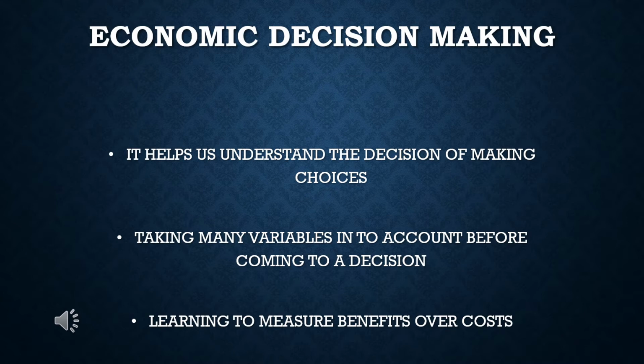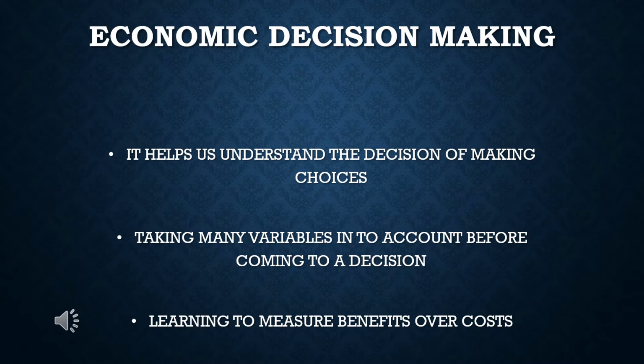Most importantly, as I have said earlier, we have to take different kinds of variable parts of an organization into account before coming to a decision. And most importantly, which is the major objective of economics for engineers, we need to understand where lies the profit maximization for the organization.